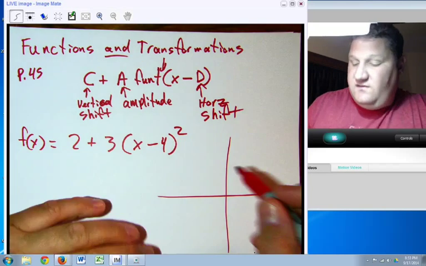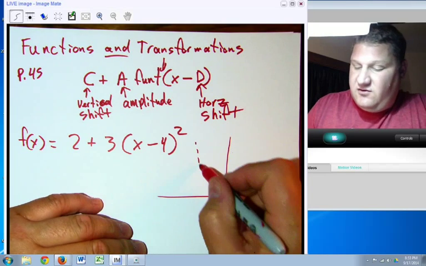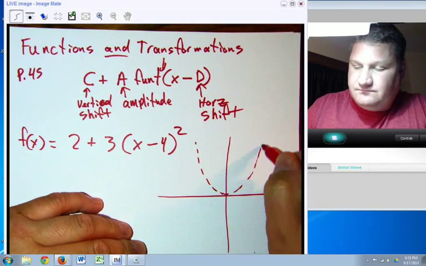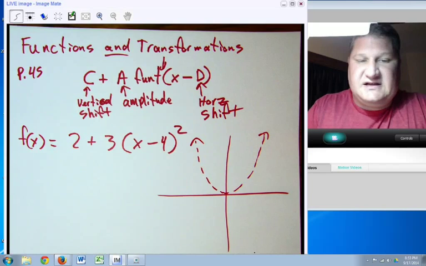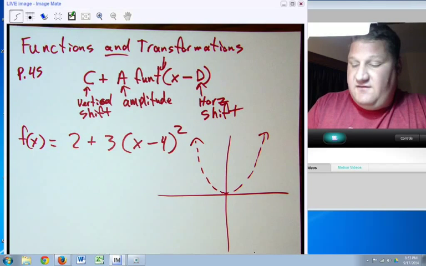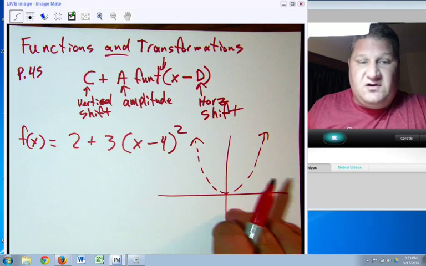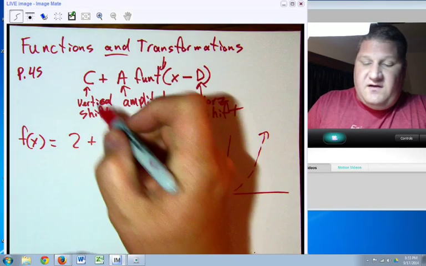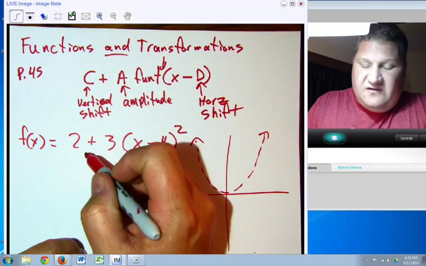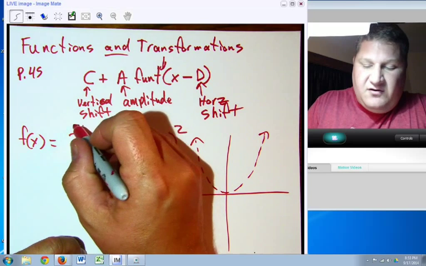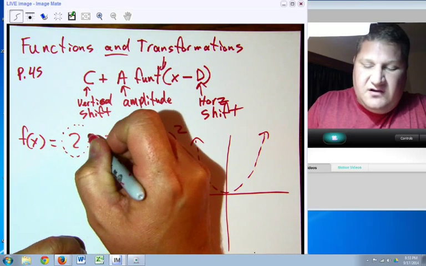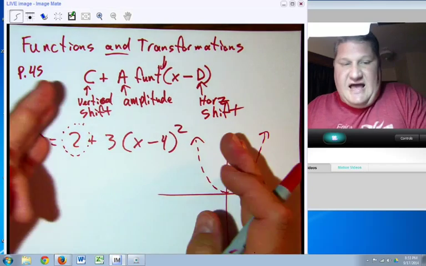So the first thing we're going to do is draw a dotted line in, and that represents x squared. If that represents x squared, everything else we do to this is going to be based on being x squared. Now, this is vertical shift, the number that is added or subtracted, and it's just tacked onto the function.